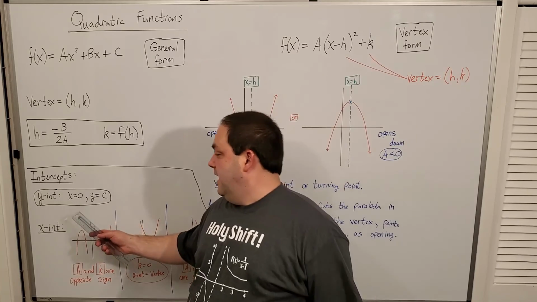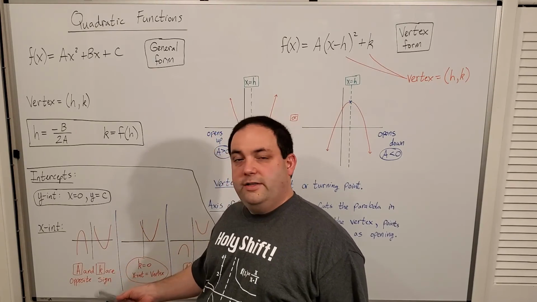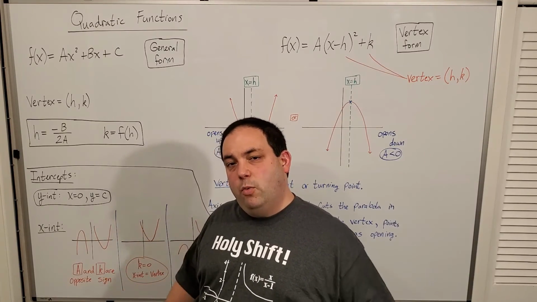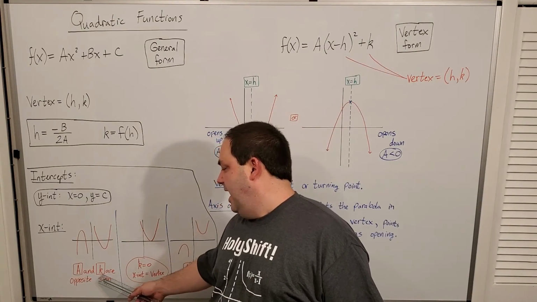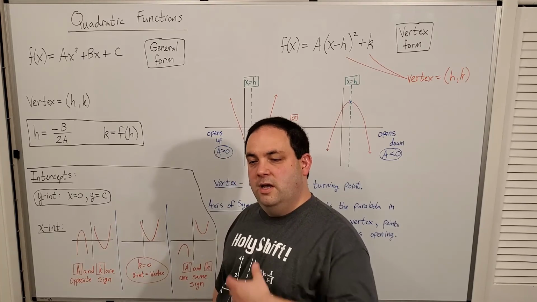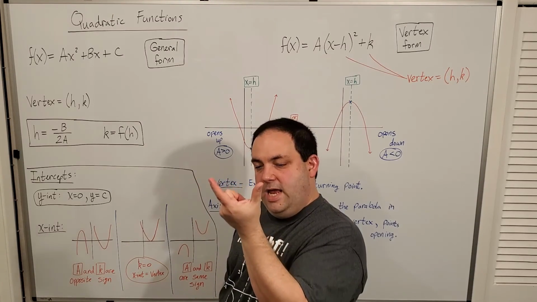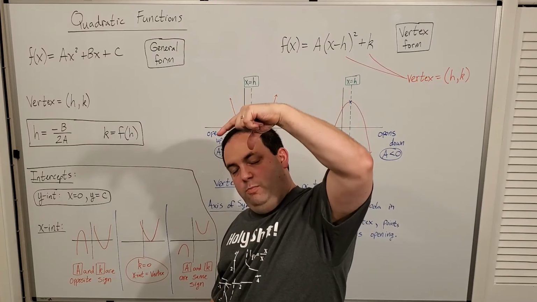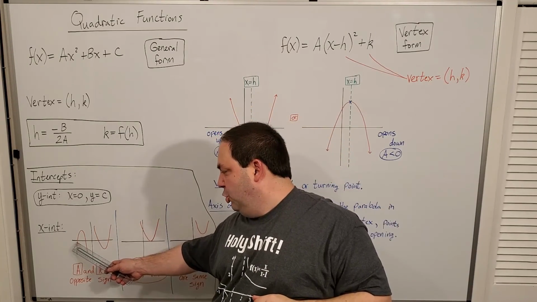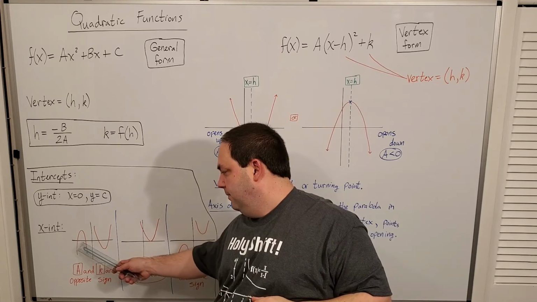Here's a little trick, though, that might save you time every once in a while. Notice that if a and k are opposites, in other words, a is facing up but k is moving down, or a is facing down and k is moving up, you'll have two x-intercepts either way.